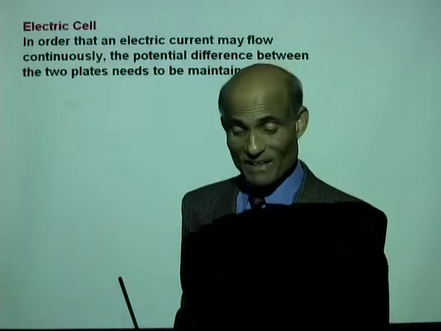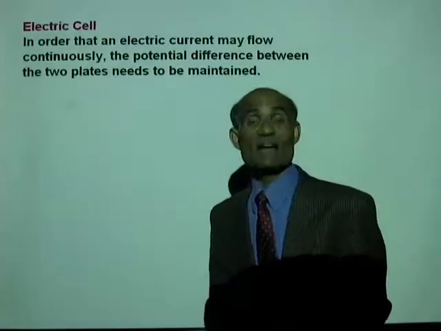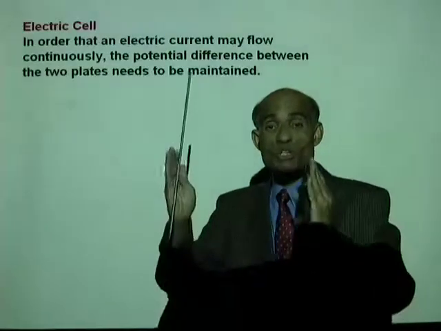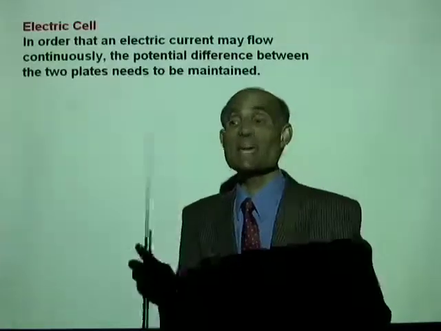Okay, we will now talk about an electric cell. Now I showed you a simple electric cell. Let's discuss more about electric cell. Now what is an electric cell and how is it made? In order that an electric current may flow continuously, the potential difference between the two plates needs to be maintained.